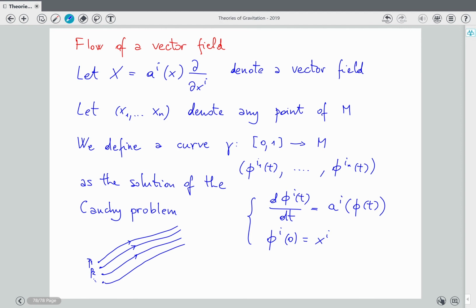And this is what defines the flow, and every such curve is only built by means of the vector field x and its coefficients, you see, ai, and then the initial conditions you choose. So you can choose any initial condition you want. Of course, if you start from here, you will have the same solution. So this defines what is called a flow of the vector field.